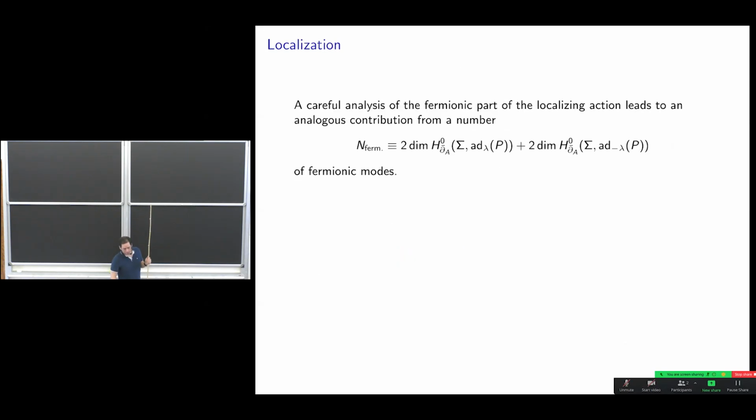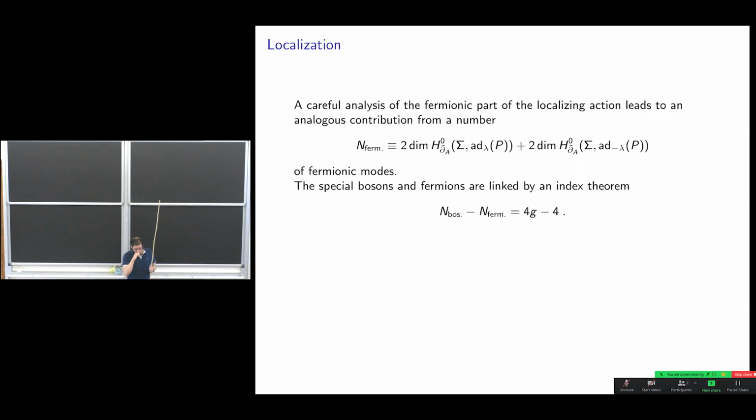The fermionic part is even more complicated. I'm just going to mention the fact that a completely analogous term arises from integrating a certain number of fermionic modes, and the number of fermionic modes is given by this particular expression.